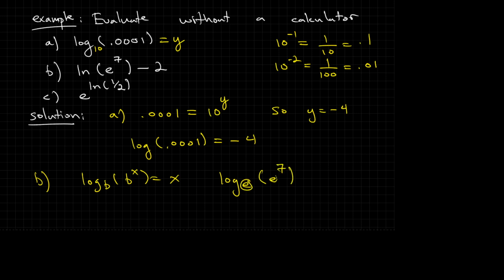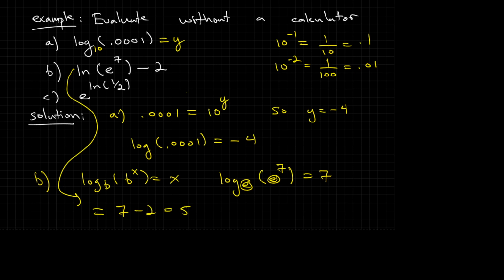Since the bases match here, this is just going to be equal to 7. And so ln of e to the 7 will be 7, and so this is going to be equal to 7 minus 2, which is 5.